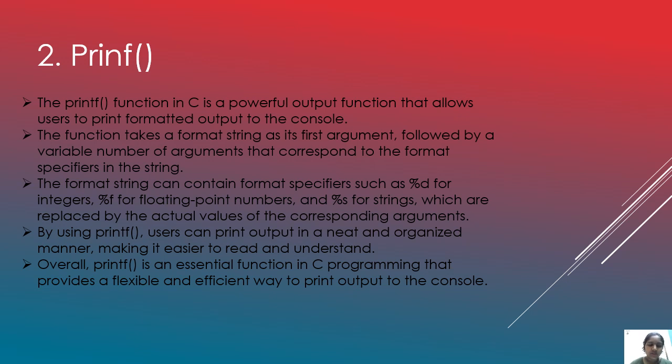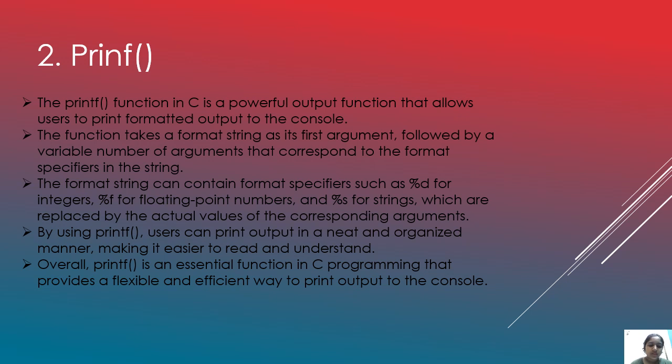The format string can contain format specifiers such as %d for integers, %f for floating point numbers, and %s for strings, which are replaced by the actual values of the corresponding arguments. By using printf, users can print output in a neat and organized manner, making it easier to read and understand.